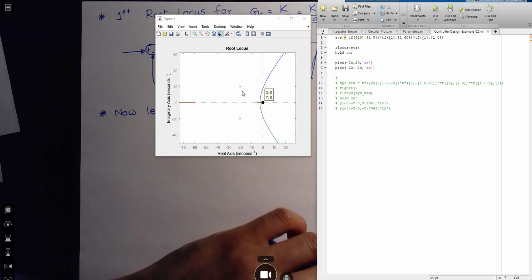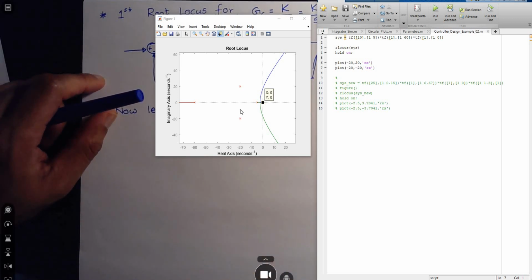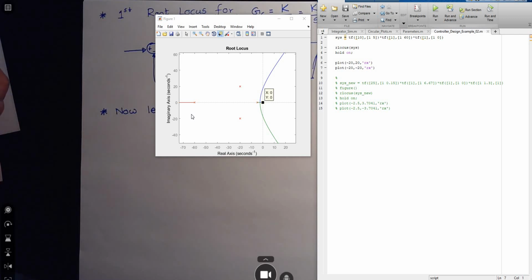Run it. Okay, so those are the desired final controlled system locations to get that desired response. They are nowhere close to where we want because our root locus is going this way. So far it's not looking good.